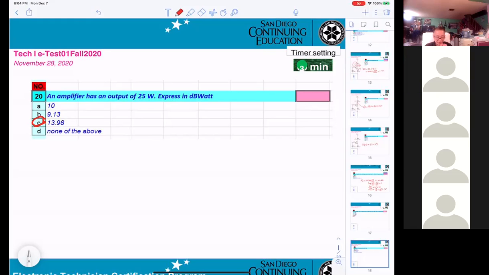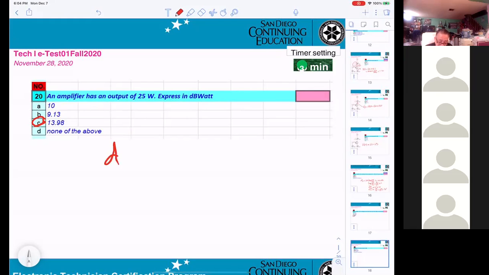Can you do the formula on 20, please? The formula on number 20. Yes. Okay, let's see. An amplifier outputs 25 watts, and they want dB watt.